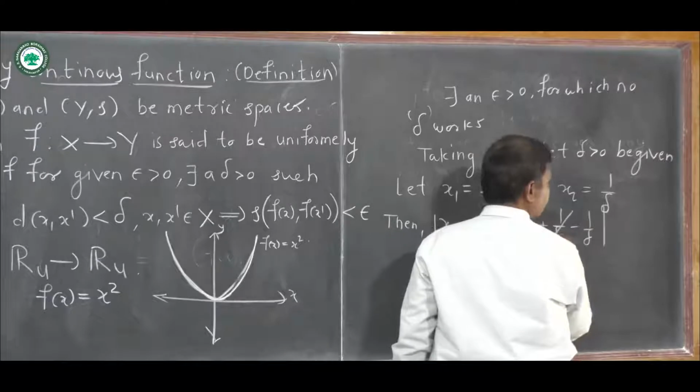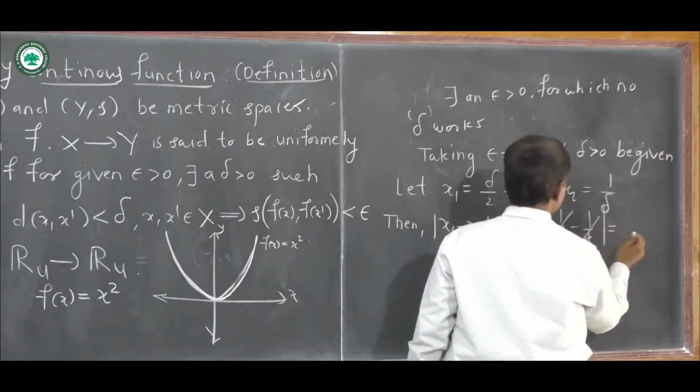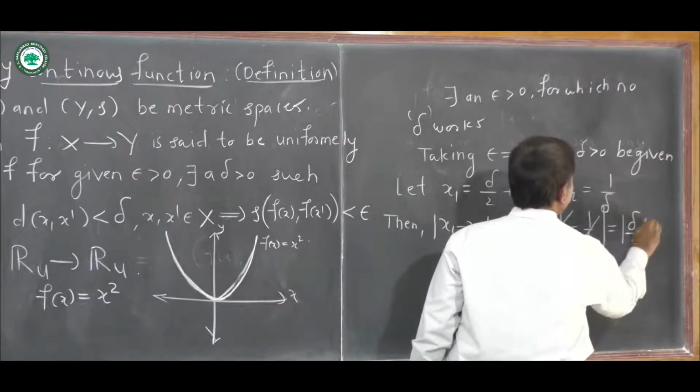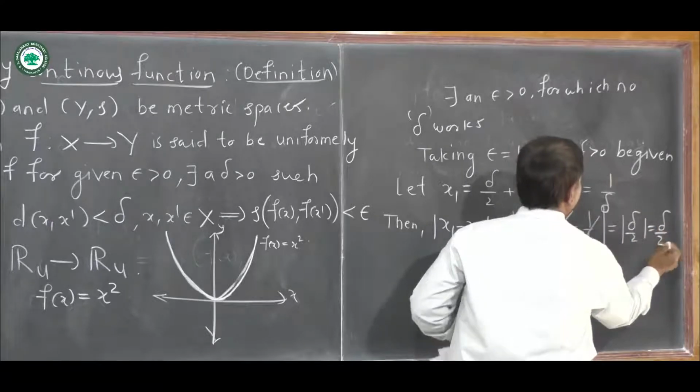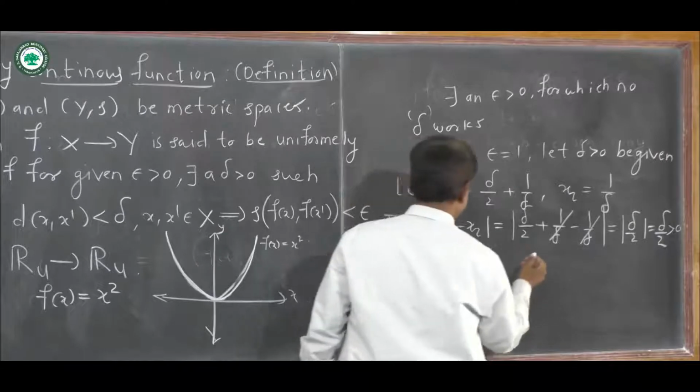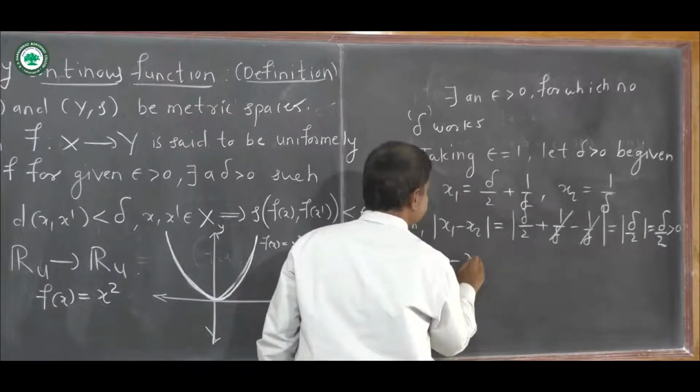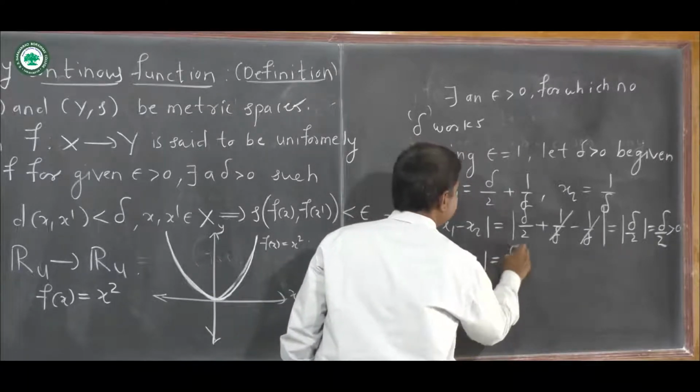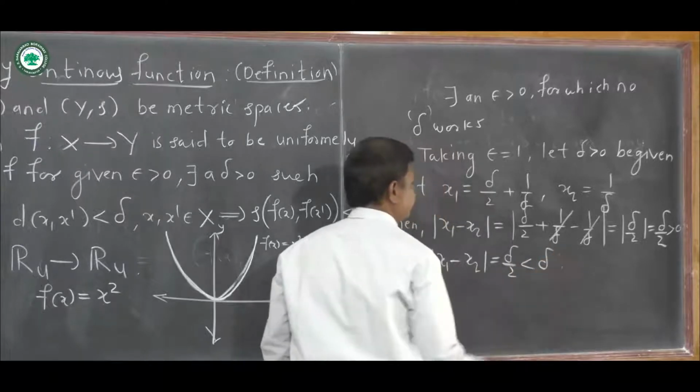Now 1 upon delta minus 1 upon delta is 0, so we write mod of delta upon 2, which is equal to delta upon 2, which is greater than 0. And mod of x1 minus x2, which is delta upon 2, is less than delta.